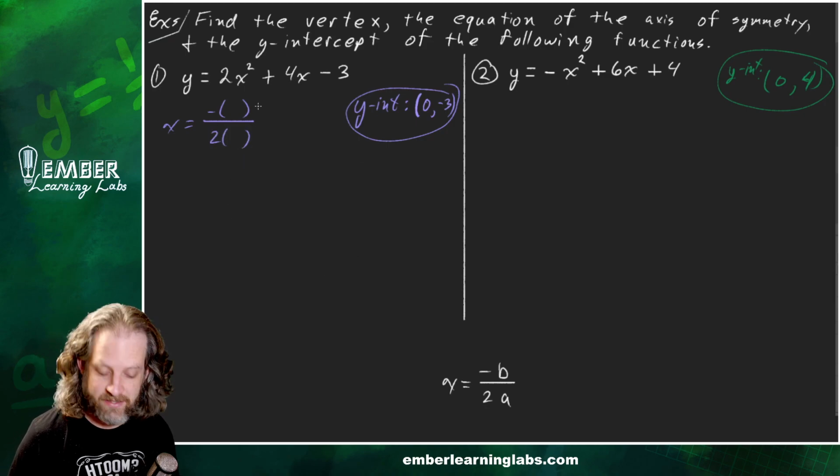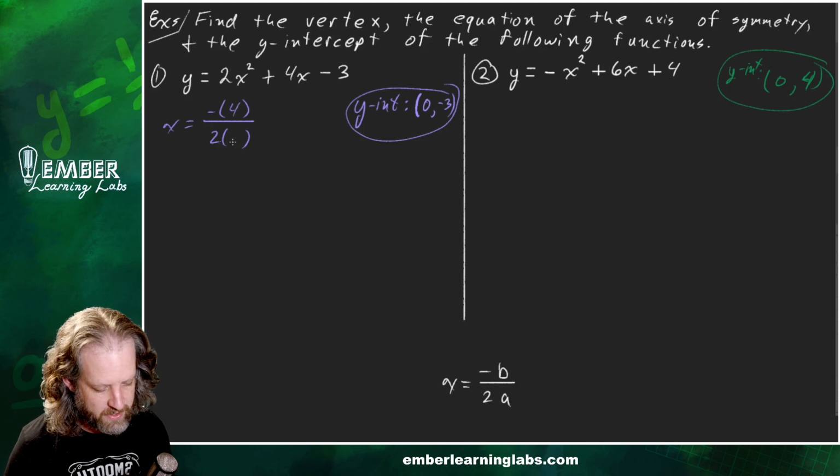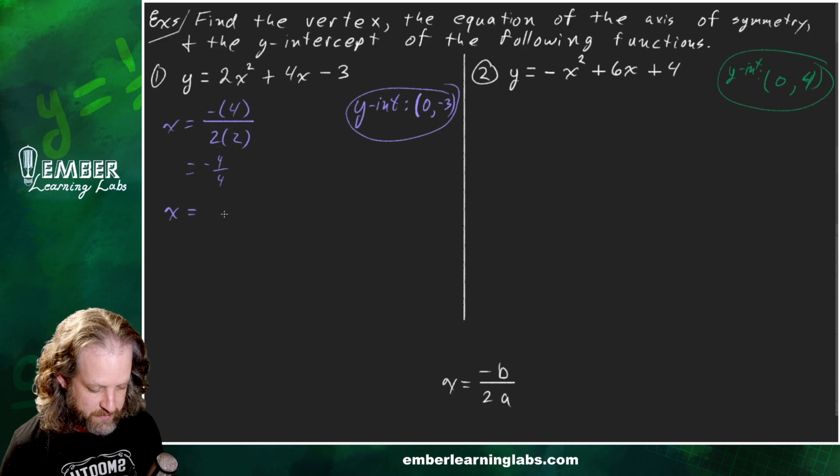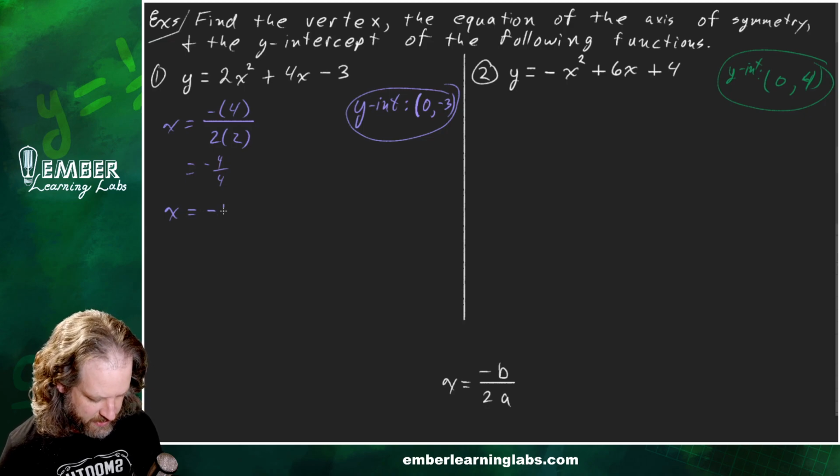So b in this case is 4, and a is 2. So negative 4 over 4, which of course is going to reduce, and the equation of the axis of symmetry is going to be x equals negative 1.